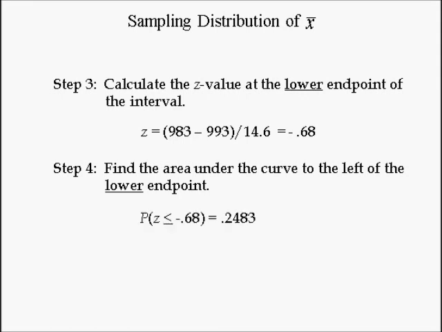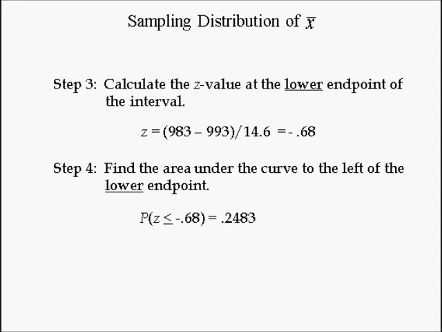In step 4, we find the area under the normal curve to the left of the lower endpoint, whose z-value is negative 0.68. The probability of being less than or equal to negative 0.68 is 0.2483. We know this because the normal distribution is symmetric, and the probability of being greater than or equal to 0.68 was 0.2483.